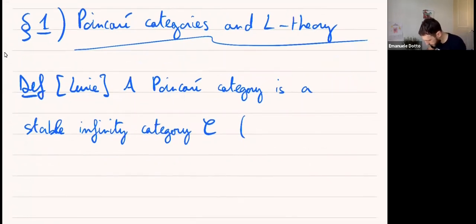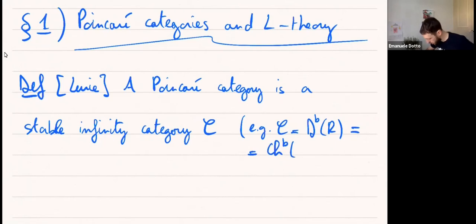So typically we take the category C to be the bounded derived category over a ring R. So what is it? You take chain complexes of bounded length of finitely generated projective R modules, and you form an infinity category by inverting the quasi-isomorphisms. But this is not the homotopy category. You need to localize in the infinity categorical version.